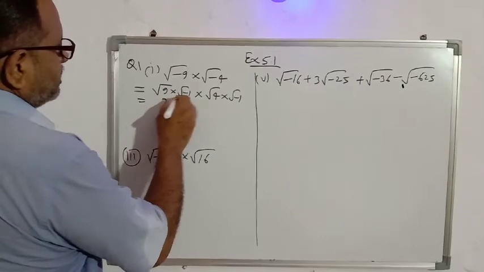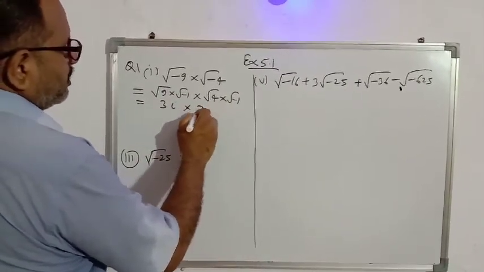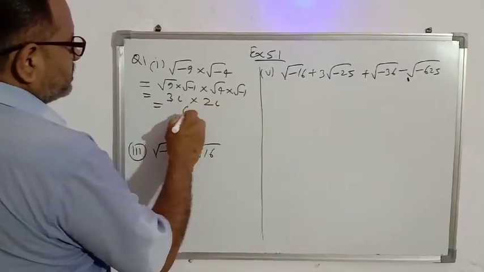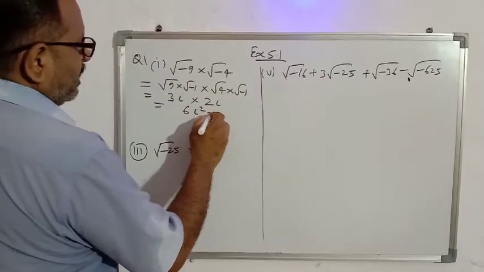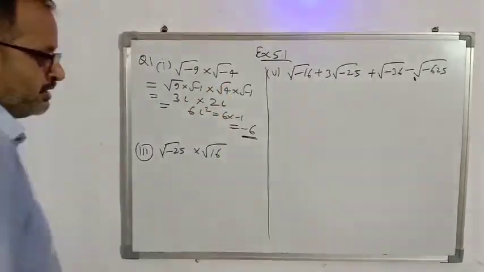Square root of 9 is 3, root minus 1 is i. Square root of 4 is 2, root minus 1 is i. 3 into 2, 6, i into i, i square. 6 into minus 1, so minus 6. This is the answer.